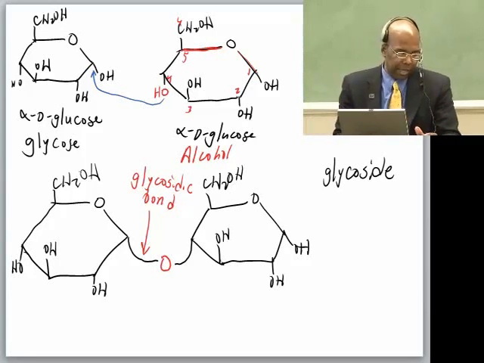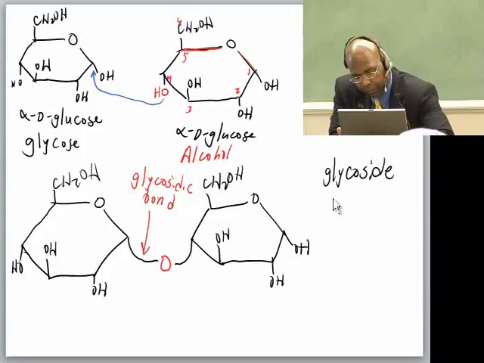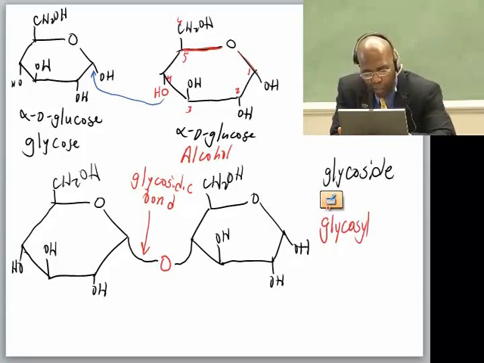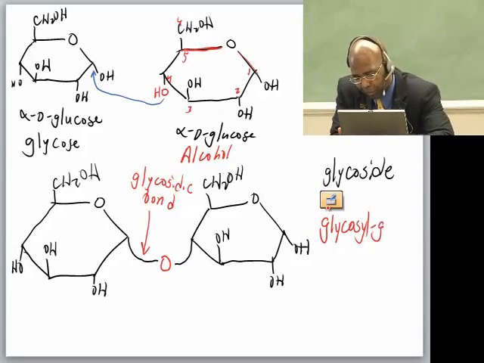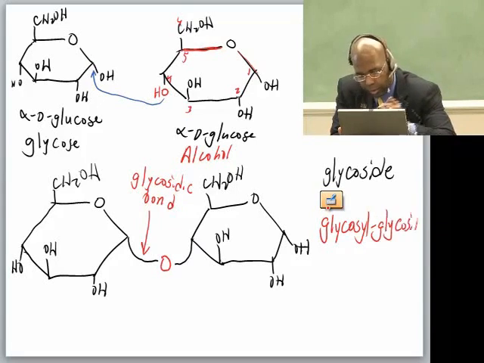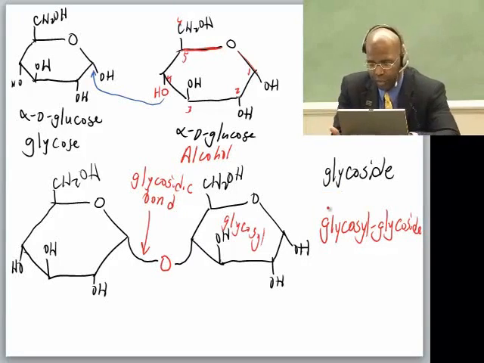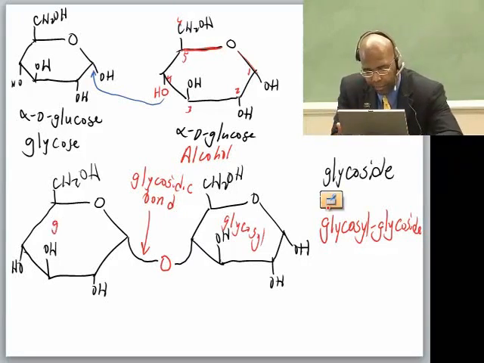Also, we can be more specific. This is a glycosyl glycoside, because the alcohol is a glycosyl unit. So this would be our glycosyl unit. Like before, this was a methyl group, but now this is a glycosyl unit because the alcohol is a glycose too. So this is a glycosyl glycoside.